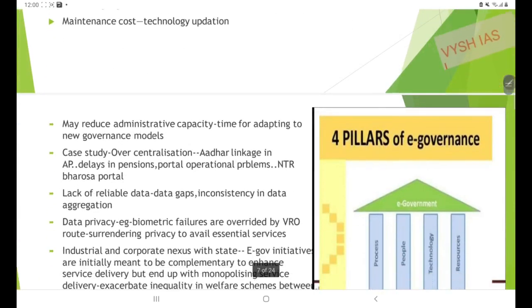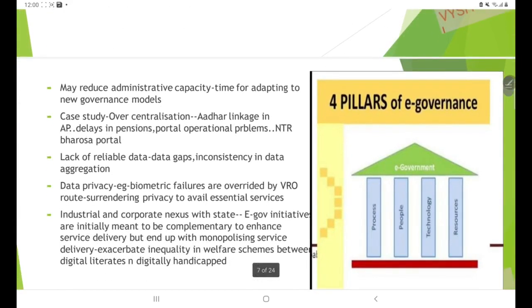Next, it may reduce administrative capacity. When the officials have this easy channel, they will go behind the easy channels only. When there is an online application kind of thing, government will go behind that only. And apart from that, many government employees are not much digitally literate either.